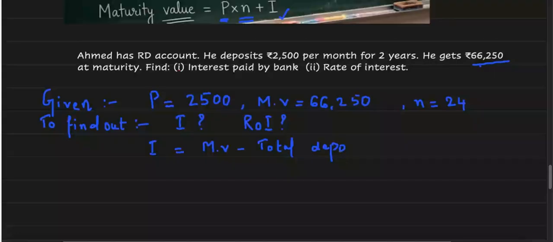2500 multiplied by 24. How much will it be? Multiply and tell me quickly. Okay, so maturity value is 66,250.